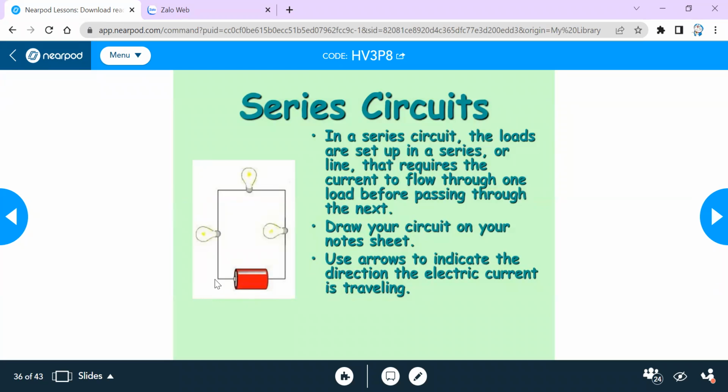The current will flow from here all the way to here and back to the battery itself, in this direction. So it will pass through light bulb 1, followed by light bulb 2, then light bulb 3, all the way back to the battery to close the circuit.